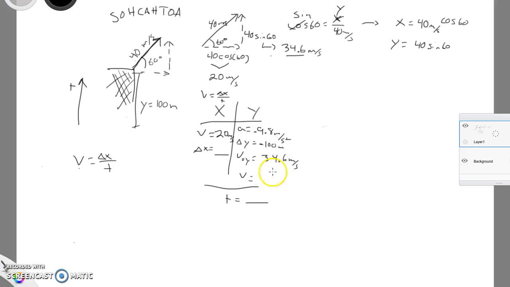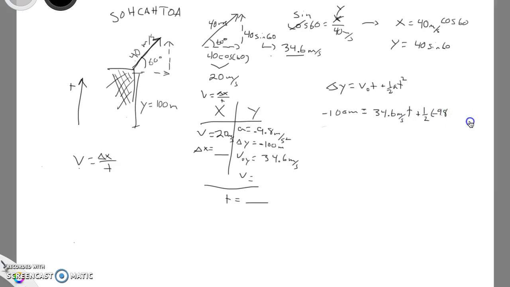I'll explain why. If we use this equation right here, and it's totally up to you if you want to try it out. For the sake of demonstration, I'm not going to use it because of this. If I substitute negative 100 meters, that's equal to 34.6 meters per second times t plus 1/2 times negative 9.8 meters per second squared times t squared.